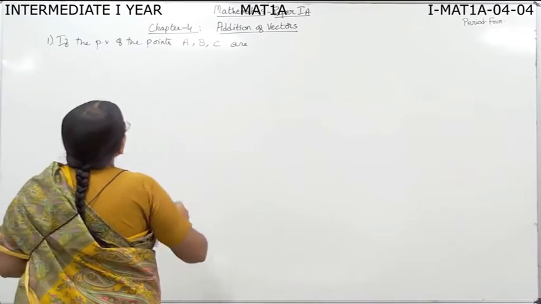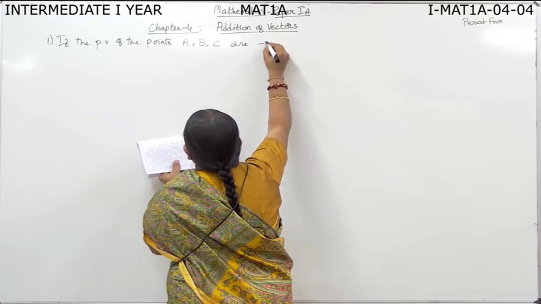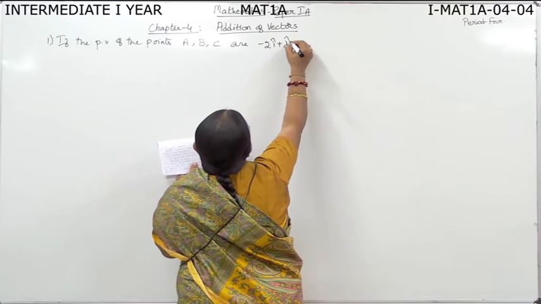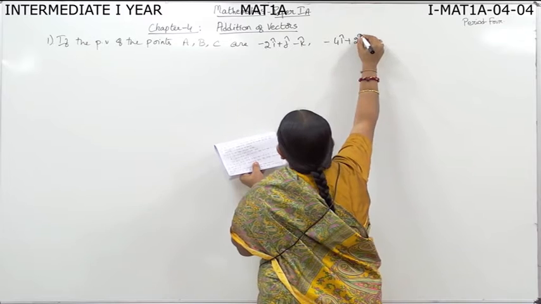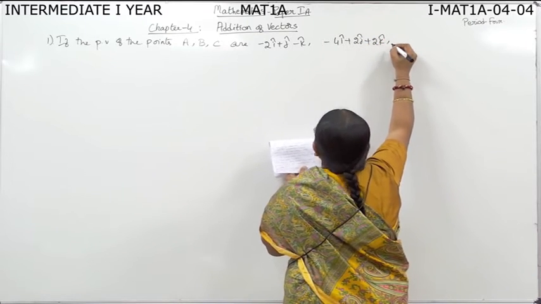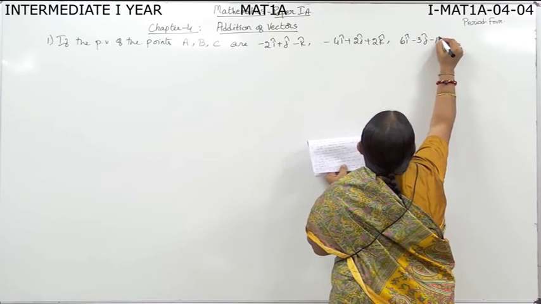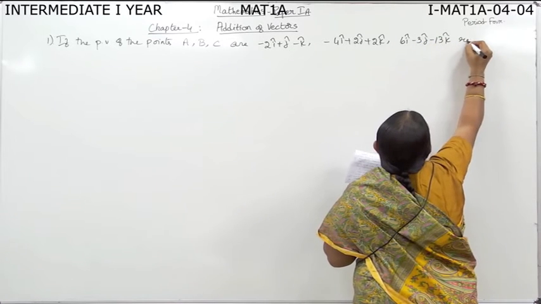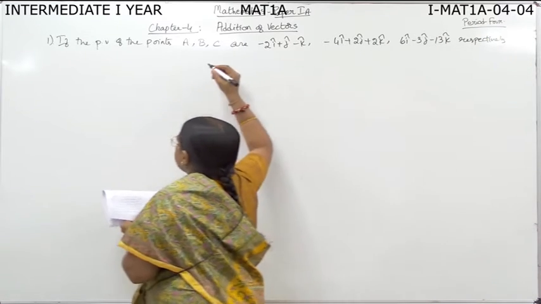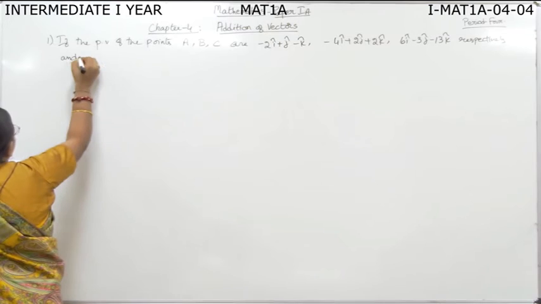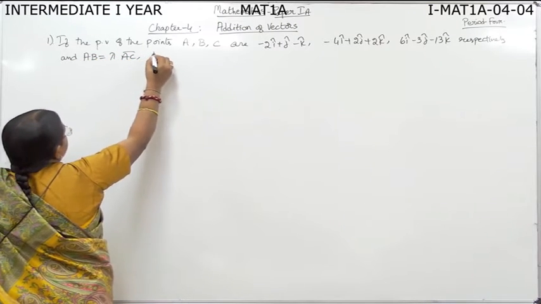The next problem: if the position vectors of the points A, B, C are minus 2i plus j minus k, minus 4i plus 2j plus 2k, and 6i minus 3j minus 13k respectively, and one more condition is given, that AB is equal to lambda times AC, then find the value of lambda.